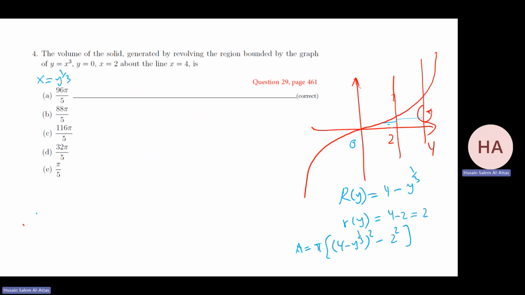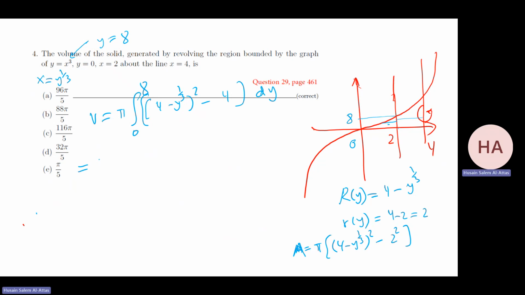This is 0. If x equals 2, y will be 8. So this is 8, y values. From 0 to 8, the volume will be the integral from 0 to 8 of this. (4 minus y to the 1 over 3) squared minus 4, dy.